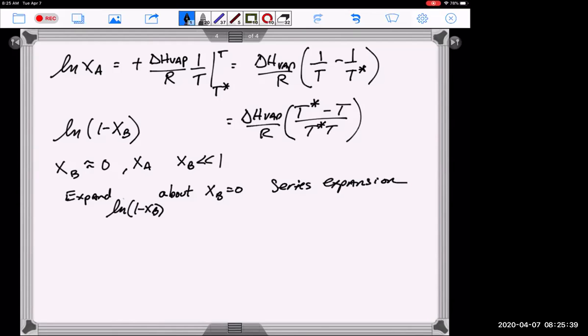So you can think of it as two different things, right? We're either expanding ln about xb of 0, which would be a Maclaurin series, or we're expanding ln about 1 using the Taylor series.